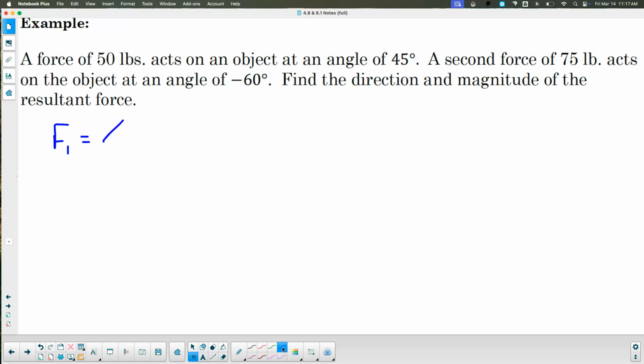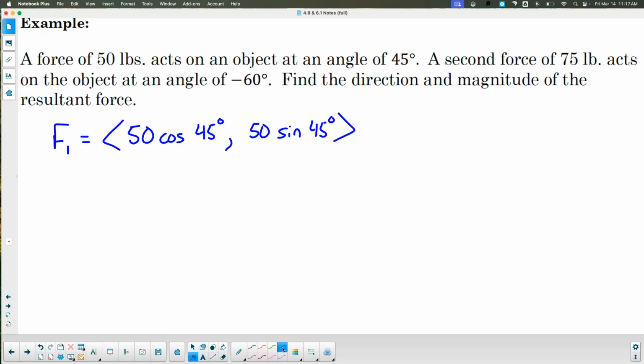The vector would be 50, that's the magnitude of it, times the cosine of 45 degrees, and 50 times the sine of 45 degrees. Yes? Okay.